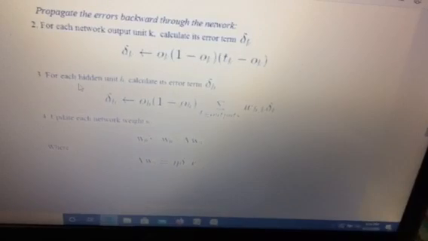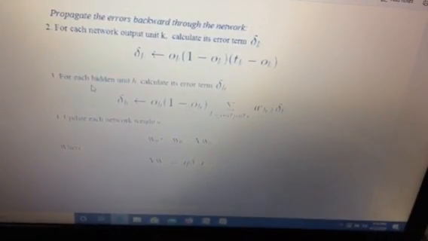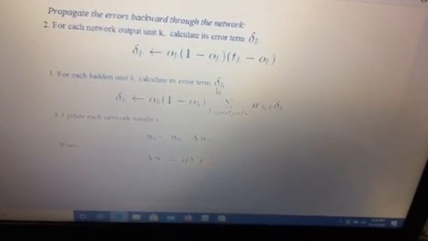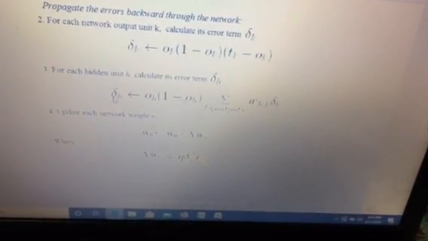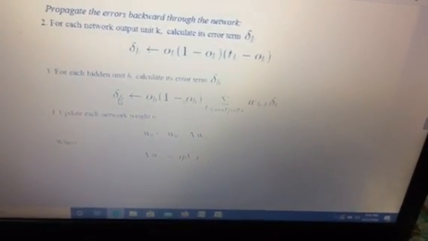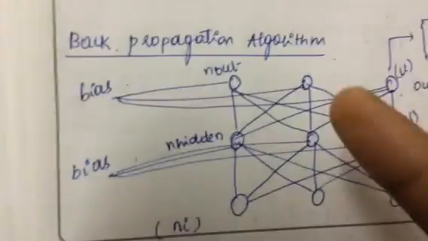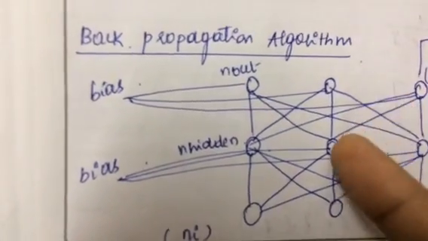Next, for each hidden unit h, calculate the error term. So this is a hidden layer. The hidden layer backpropagation is denoted by delta h. Observe here: from output it is moving to the hidden layer.